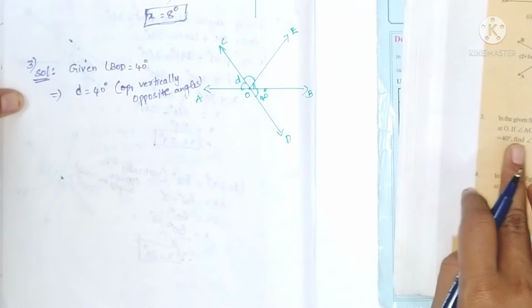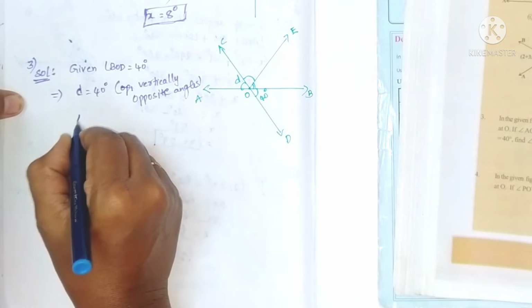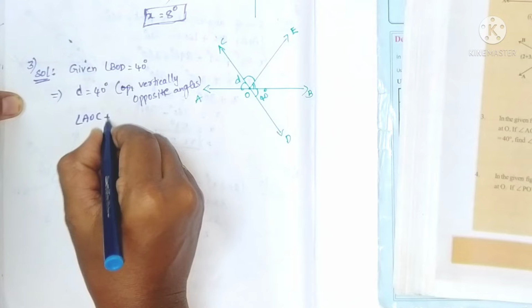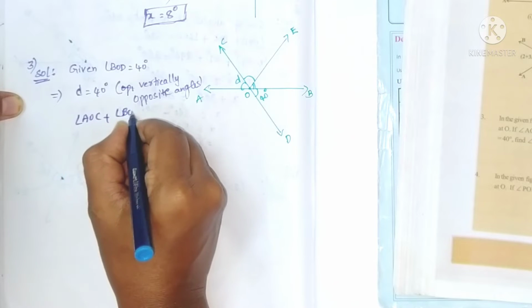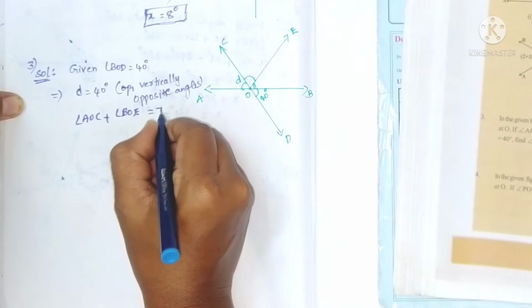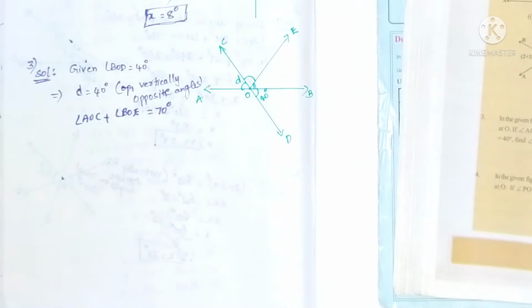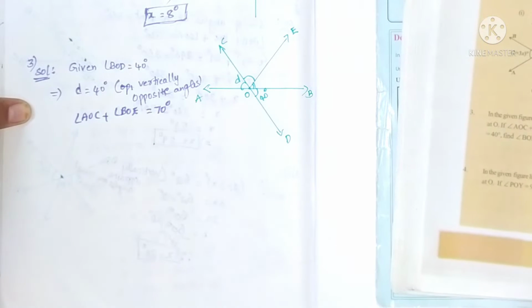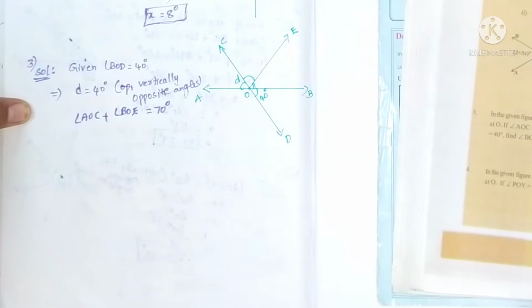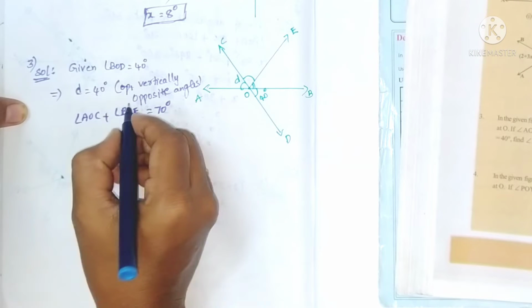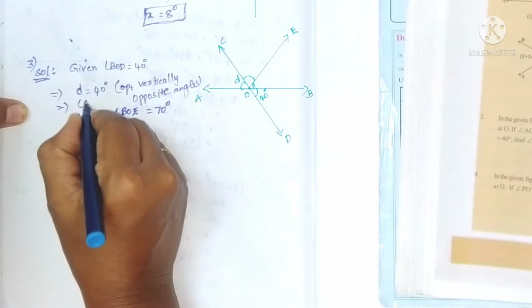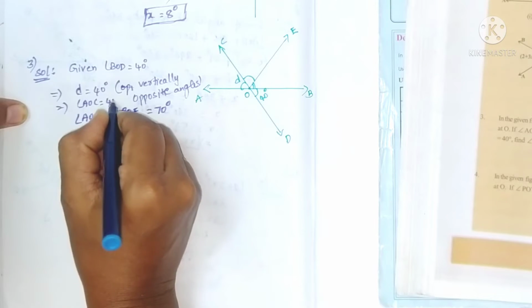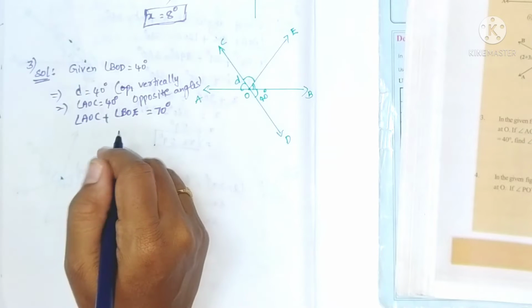Next, what is given in the problem? Angle AOC plus angle BOE equals 70 degrees, right? So here we write angle AOC equals 40 degrees.